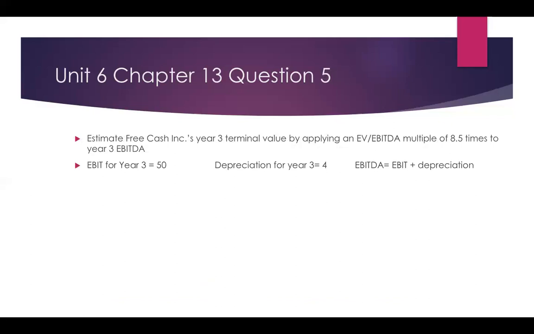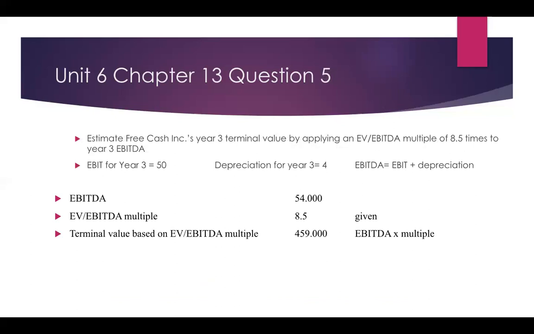And EBITDA equals EBIT plus depreciation, which means our EBITDA is 54. Our EBITDA multiple is 8.5, which means our terminal value based on the EV/EBITDA multiple is 459, which is done by multiplying 54 by 8.5.